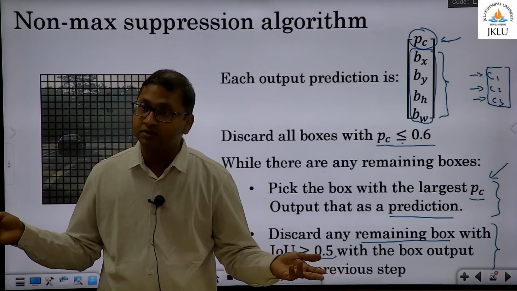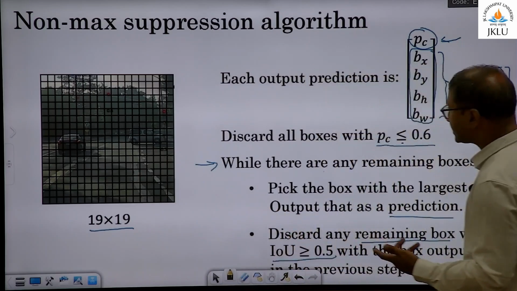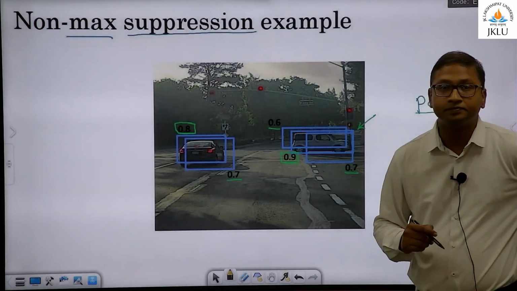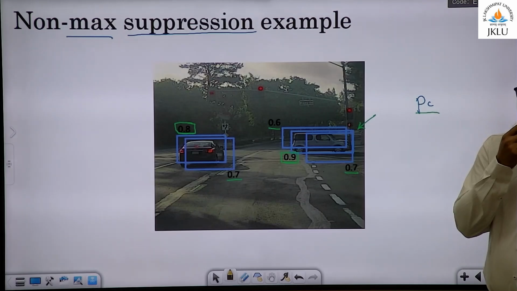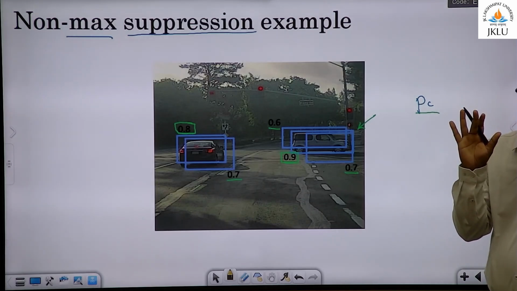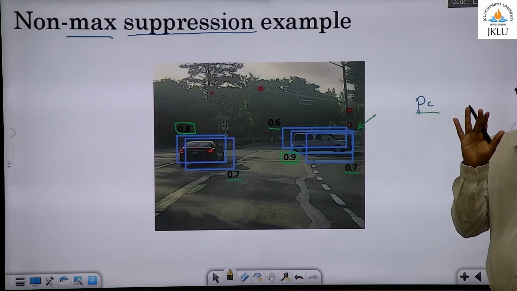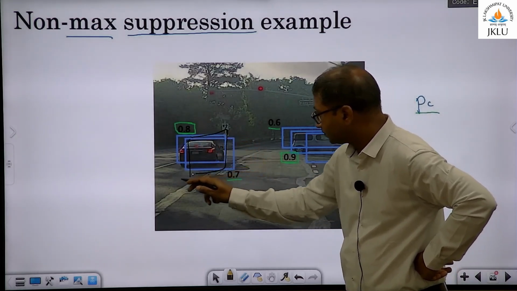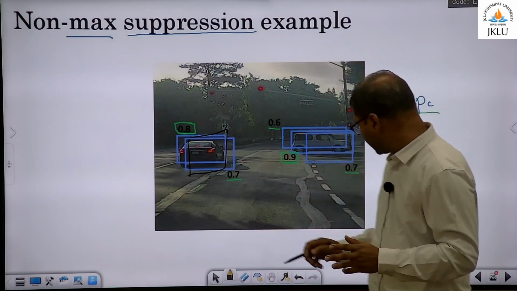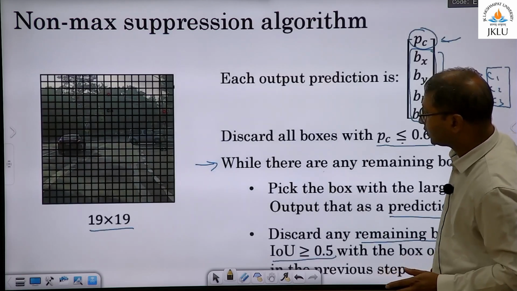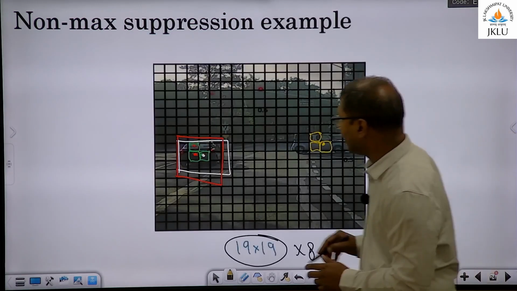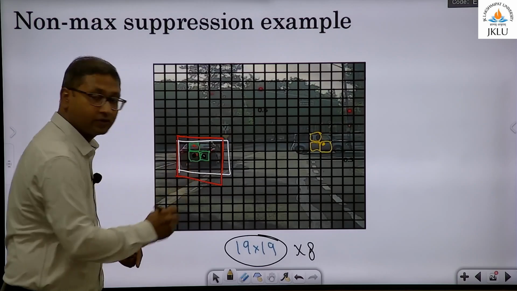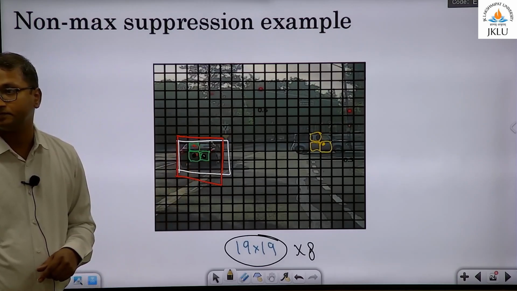Will you miss some things? Of course you will. Can you generate a case where whatever we have done until now will fail? And it's easy to do so. There is yet another car here, such that, let's say this is the center of one car and this is the center of the other car.